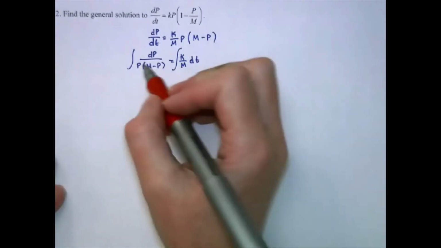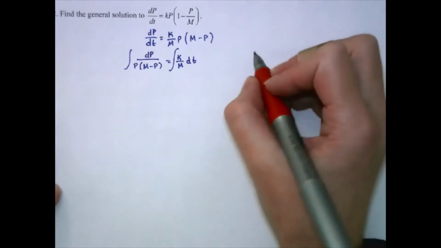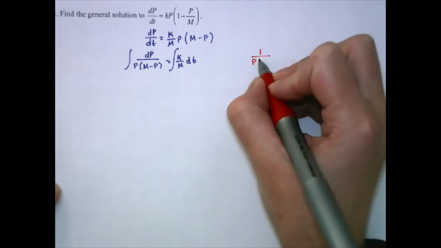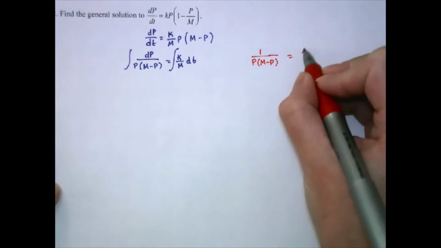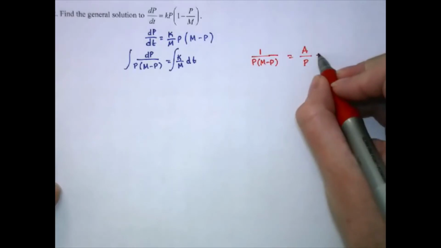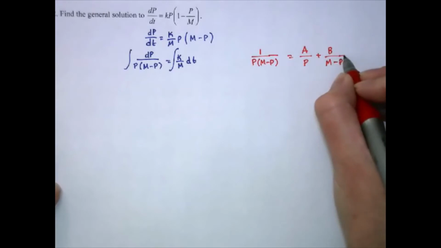Okay, so off to the side, I'm going to rewrite this. That's going to equal some number over p plus some other number over m minus p.